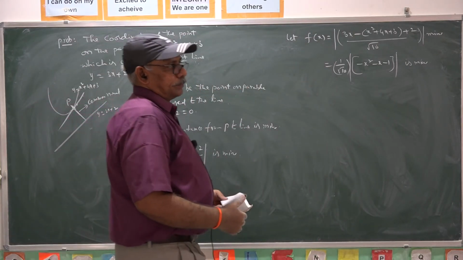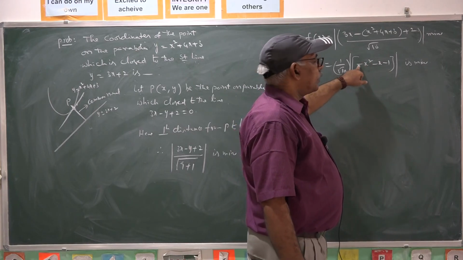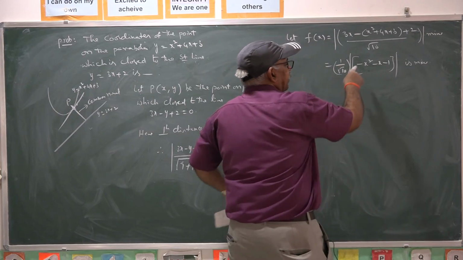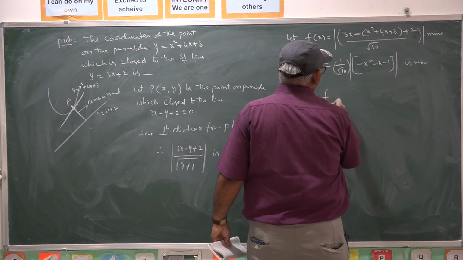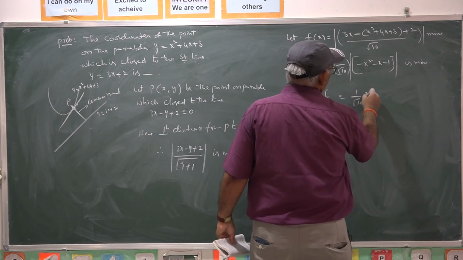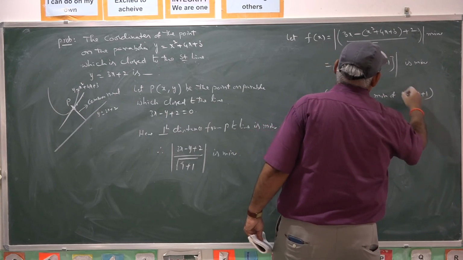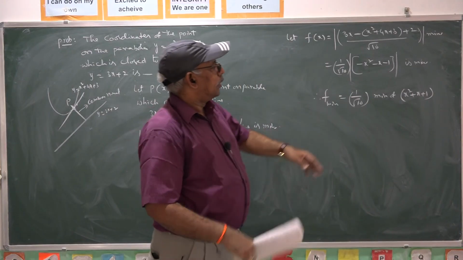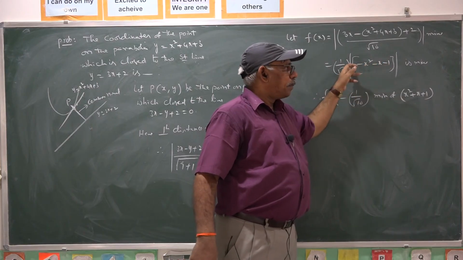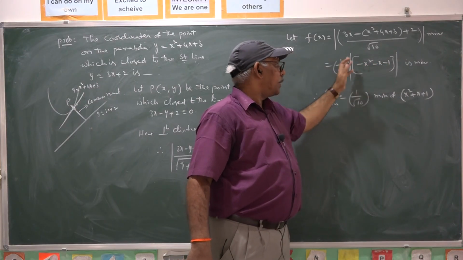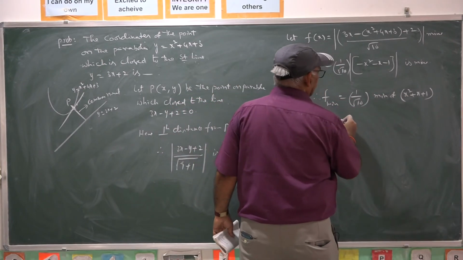The minimum value of this exists whenever the x square coefficient is positive. Hence, make it positive by taking minus common from the modulus. So f minimum is given by 1 by root 10 into the minimum of the quadratic x square plus x plus 1. Once the x square coefficient is positive, it takes a minimum.